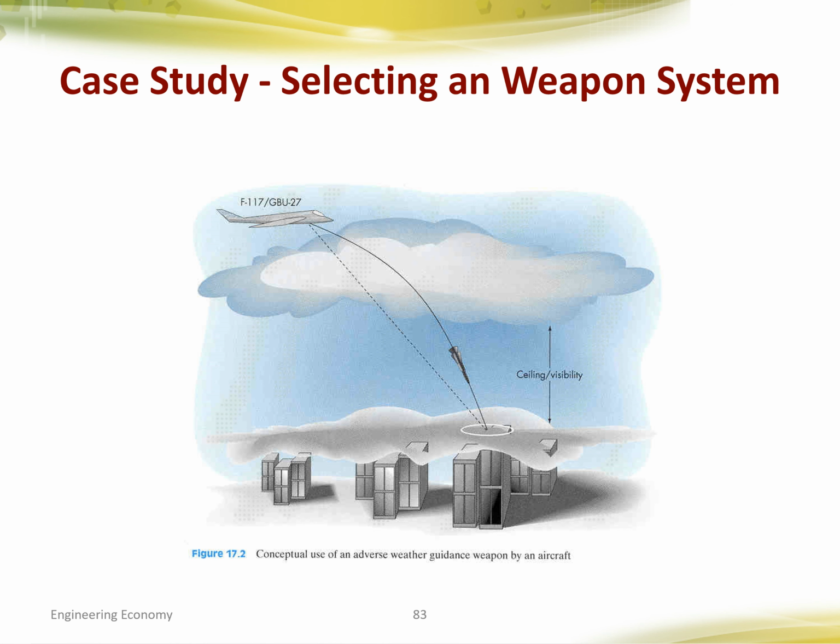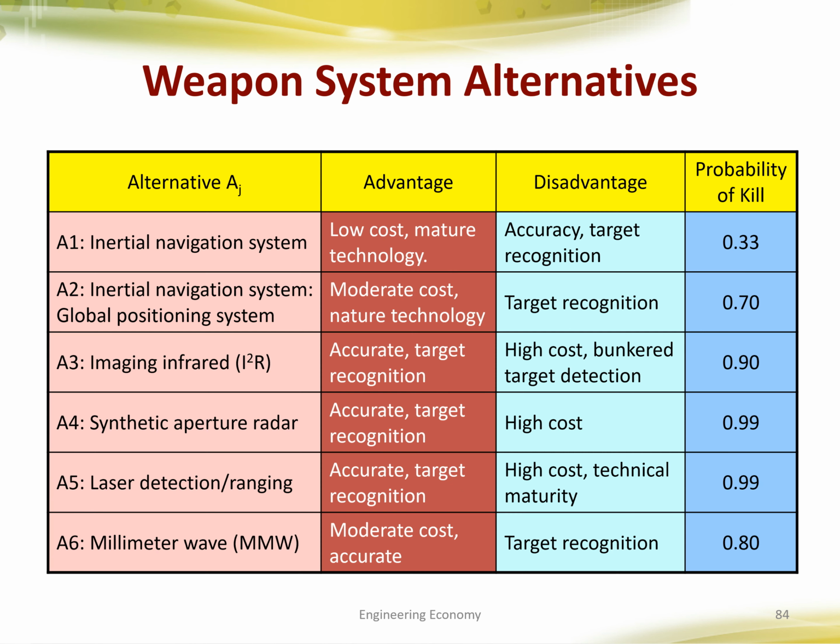For the weapon system, assuming that we have 6 different weapon systems that we can choose from, each of these 6 alternatives has its advantages and disadvantages, and in the end, there's this effectiveness assessment, that is the probability of kill.